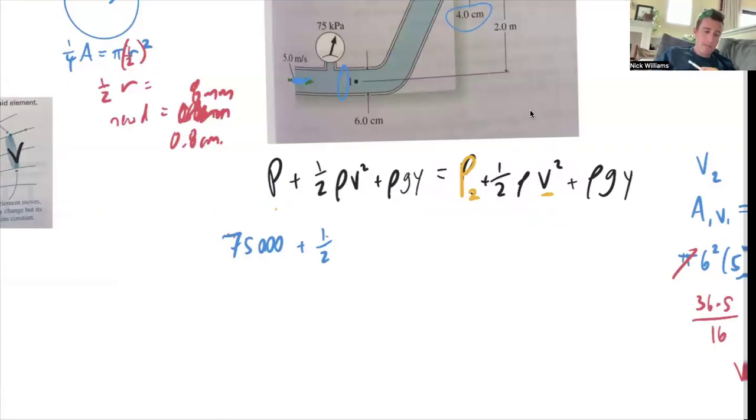Plus 1/2 times the density of the water is 1,000 times 5 squared plus 1,000 times, I'm just going to use 10, times y, which is going to be 0. It's going to start at 0.